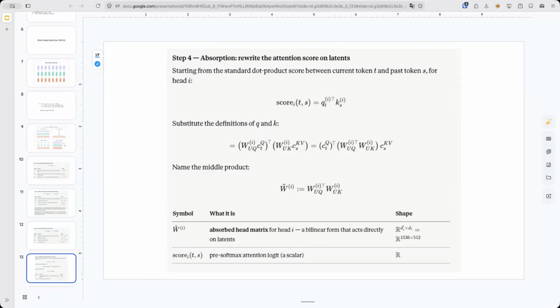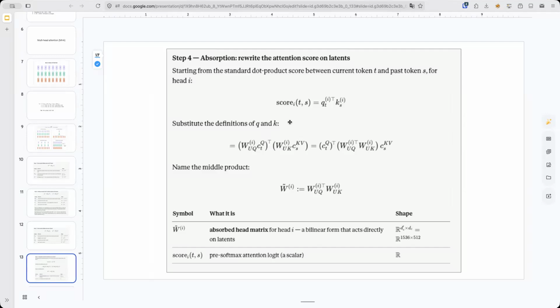When we substitute queries and keys with the actual latents that we got from the down projection and the matrices that we use for up projection for this low rank reconstruction, we can do the simple transpose trick to combine the matrices together.